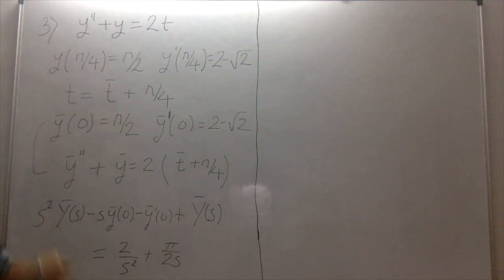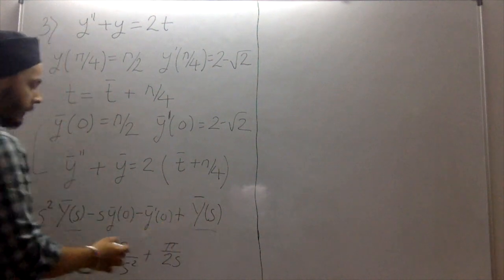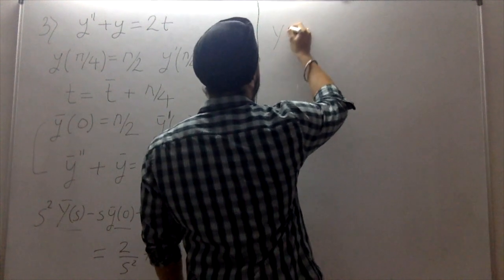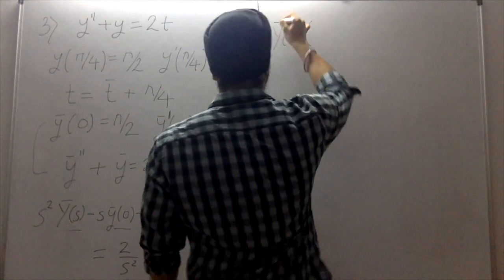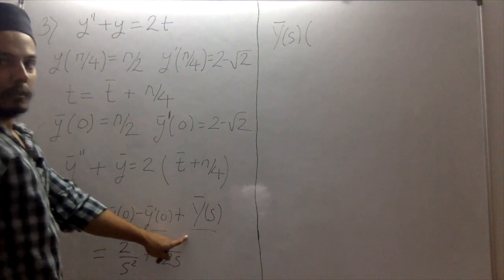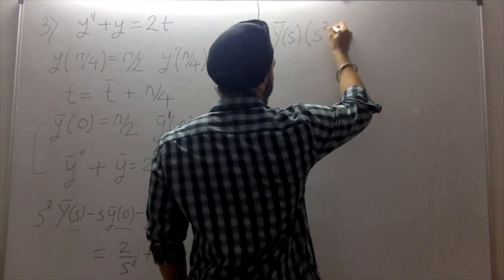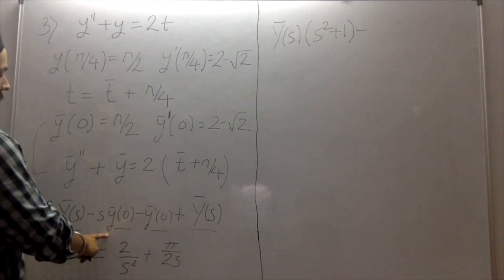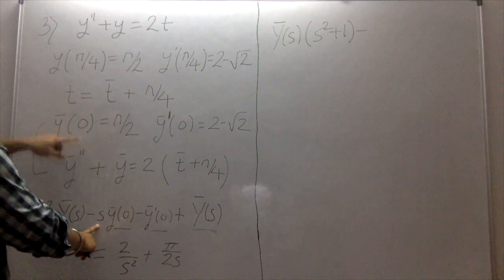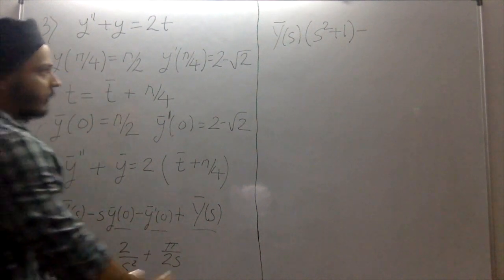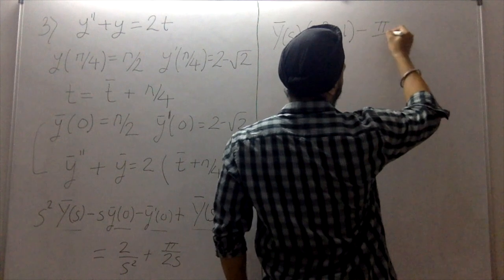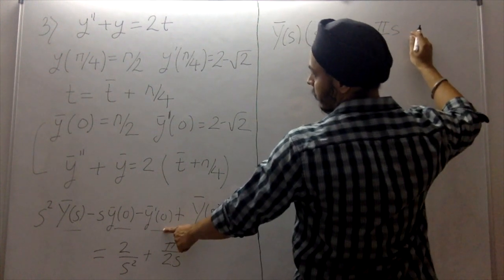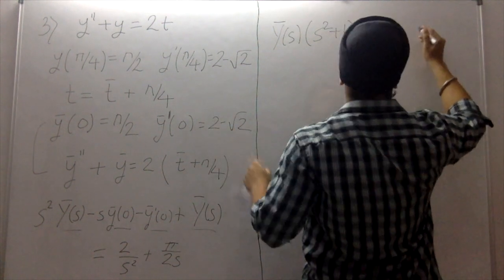Now let us take this y bar of s together and replace the values of y bar of 0 and y bar prime of 0. So this will be y bar of s square plus 1, minus y bar of 0, which is pi by 2, so this will become pi by 2 s, and y bar prime of 0 is 2 minus root 2.